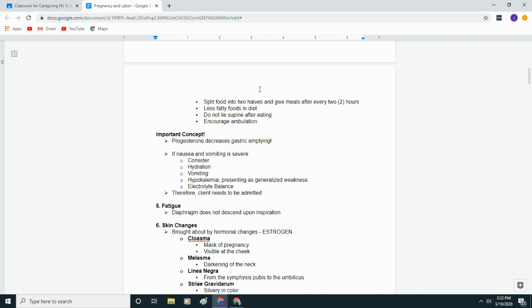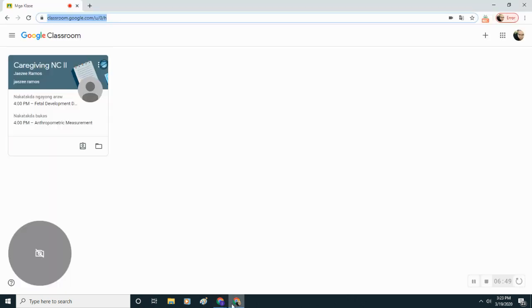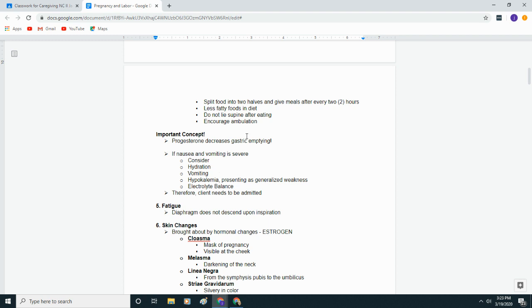The back or the head should be higher than the rest of the body. Supine means lying on your back. And always encourage ambulation, because we are encouraging peristalsis movement, the normal movement of your gastrointestinal tract.